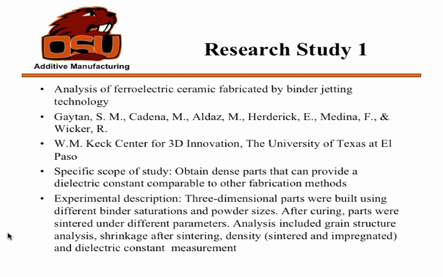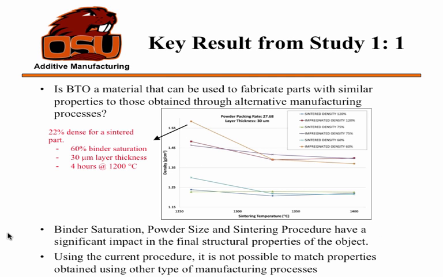They build different parts using different combinations of variables for the binder and the temperature. They don't use infiltration, they use sintering, with different times and temperatures, and they are trying to analyze and come up with a part that has the same qualities of other parts.